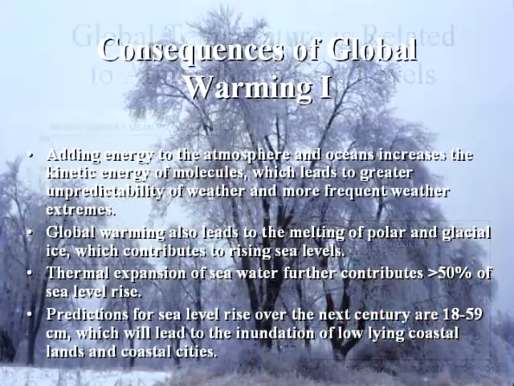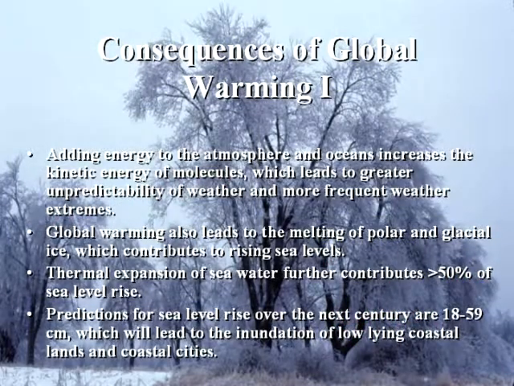So now we can ask the question, what are the consequences of this global warming phenomenon? And we could cite the following sorts of things. When you add energy to the atmosphere and to the oceans, this increases the amount of kinetic energy of molecules. Remember that temperature is a measure of the average kinetic energy of molecules. So as we have greater kinetic energy, that leads to greater unpredictability in the Earth's weather.